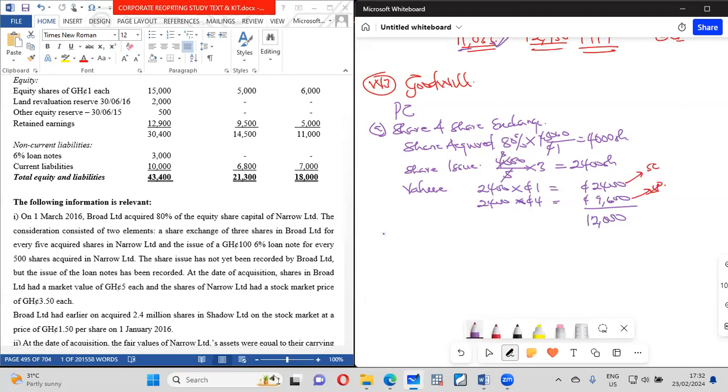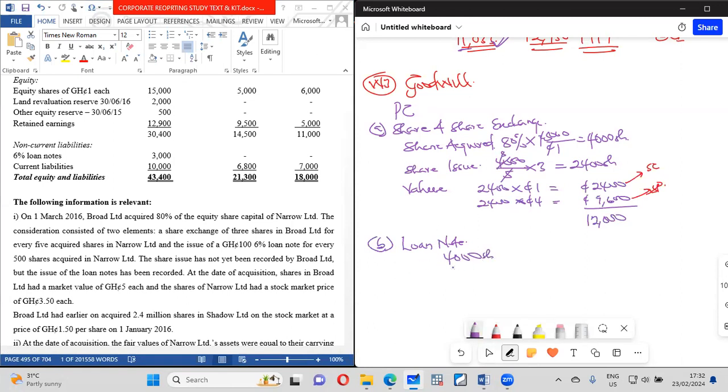So then B, there is another one. They said that even though it was recorded, we need to find the purchase consideration. What they did was that they issued 100 cedis 6% loan stock for every 500 shares acquired. So we have the loan stock, or the loan note. How many shares did we acquire? We acquired 4,000 shares.